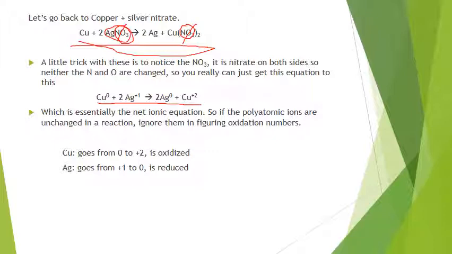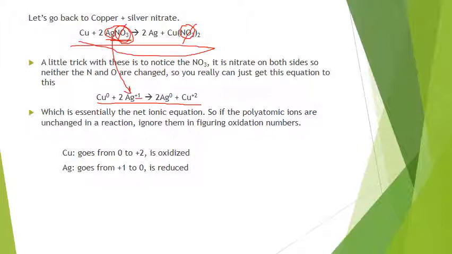Then you can write out the oxidation numbers for the metals. Copper is 0. Silver, because it was with the nitrate, had a +1. So even though we took the nitrate out, it made this have a +1.